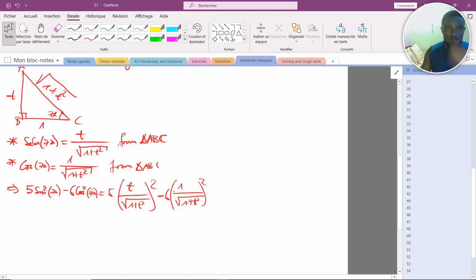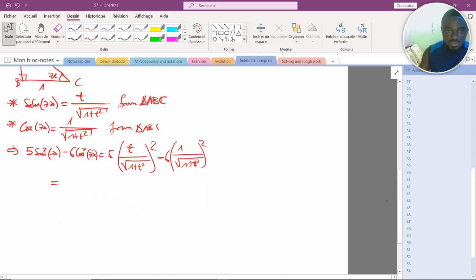Is that okay? This will give t square, so I'll have 5t square on 1 plus t square minus 6 all over 1 plus t square.